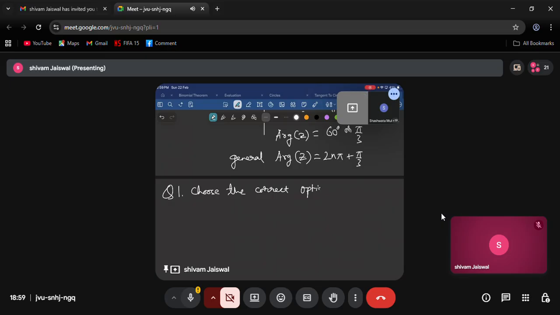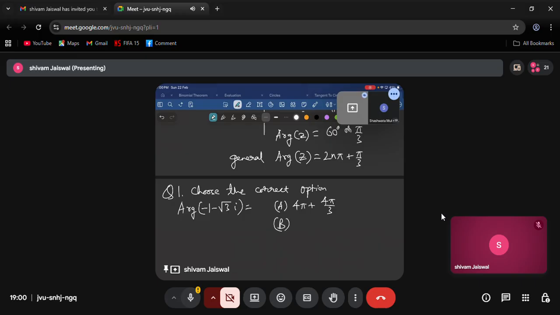Argument of -1 minus root 3 iota will be equal to: Option A, 4 pi plus 4 pi by 3.